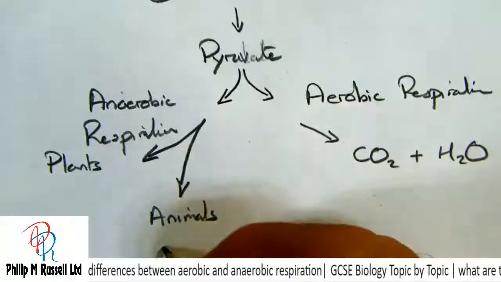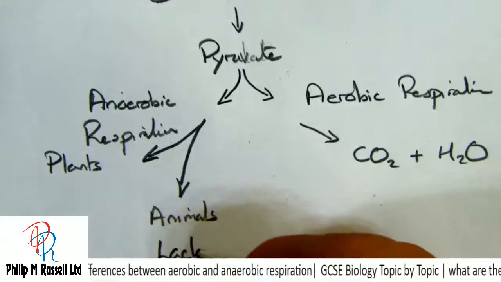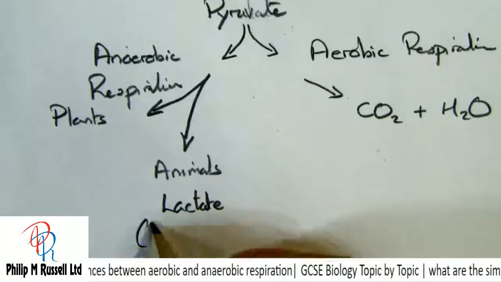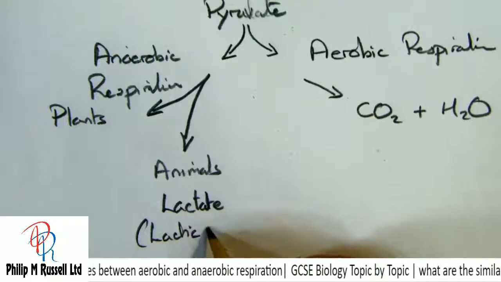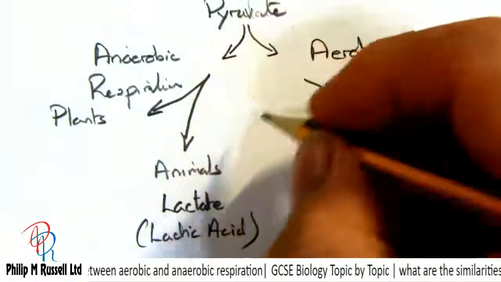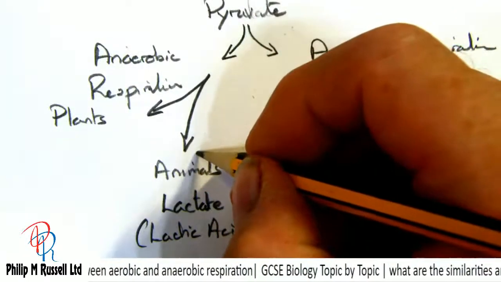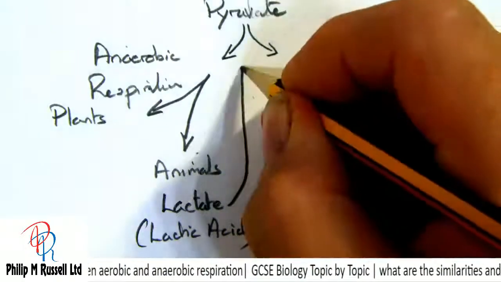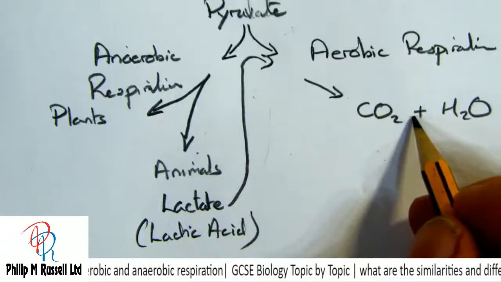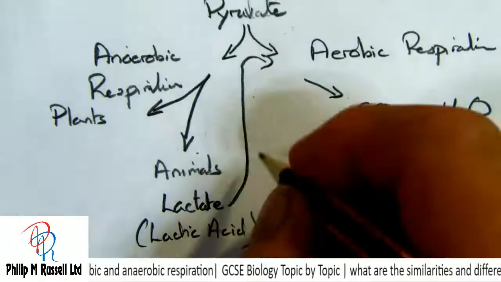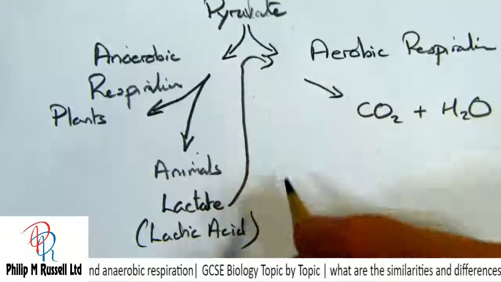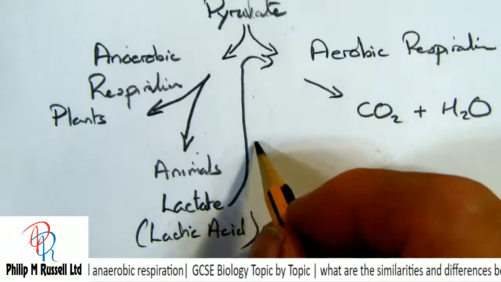In animals we make lactate, or sometimes you'll see this referred to as lactic acid. Take your pick, and then that is basically later converted back via aerobic respiration, and this you'll see called paying the oxygen debt.